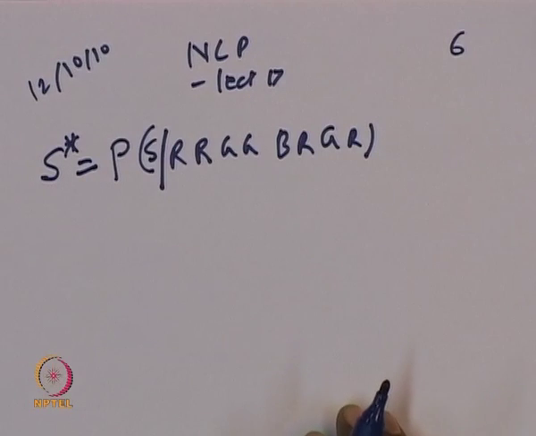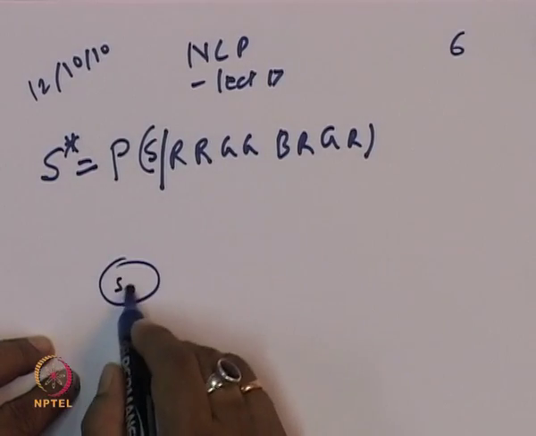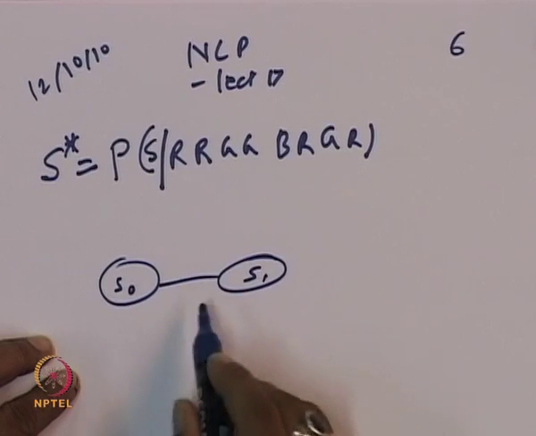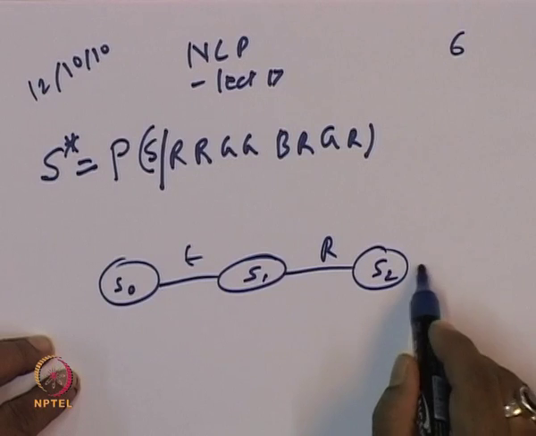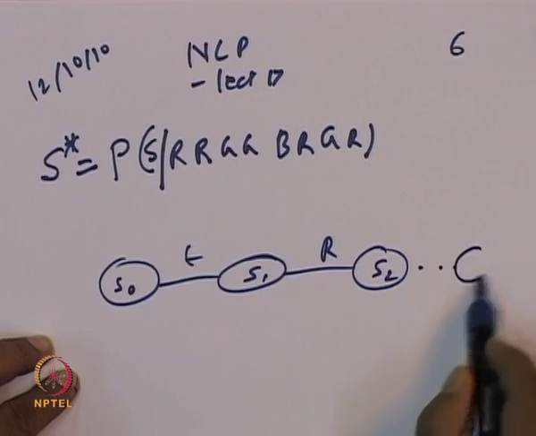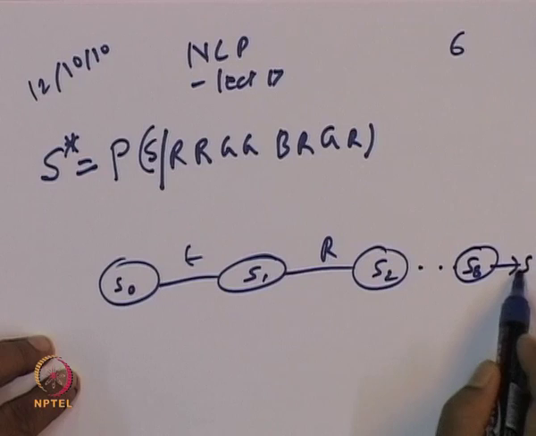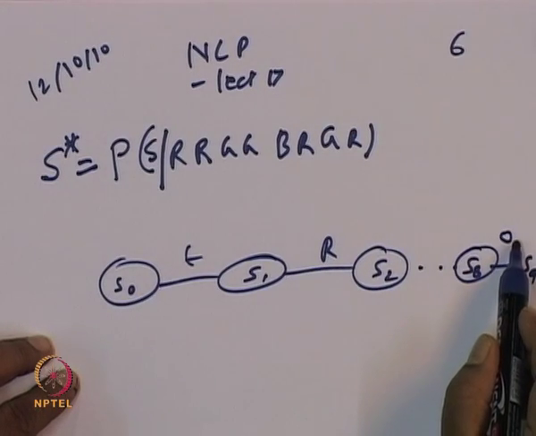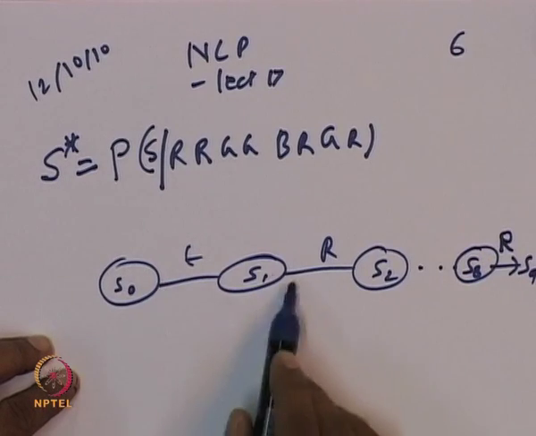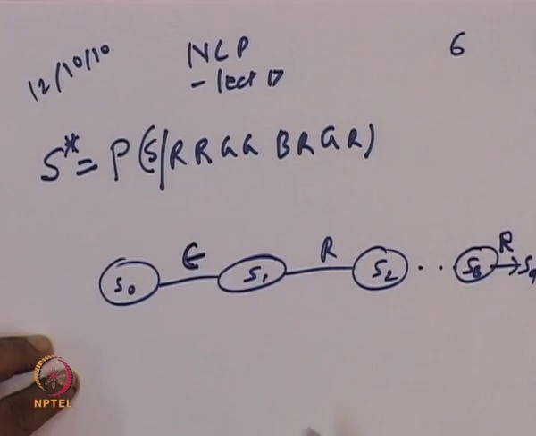This we would like to get, and this we can get from the automaton that we had got, which is S0, S1, then S1, S2 on R and so on, and finally, we have S8 going to S9 with observation R, and there are probability values associated with them.